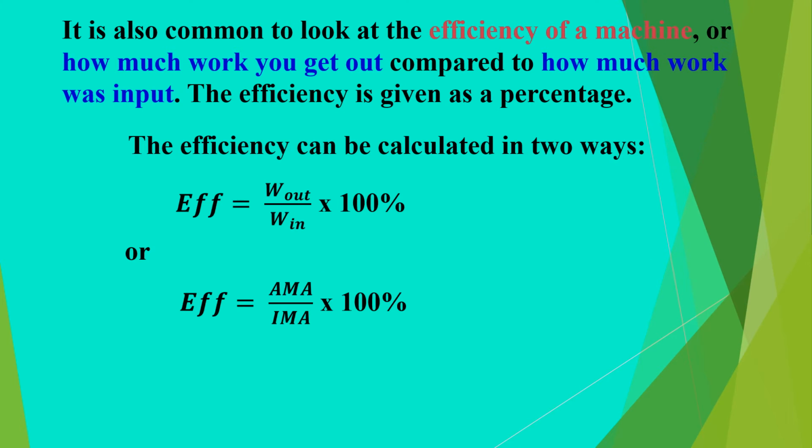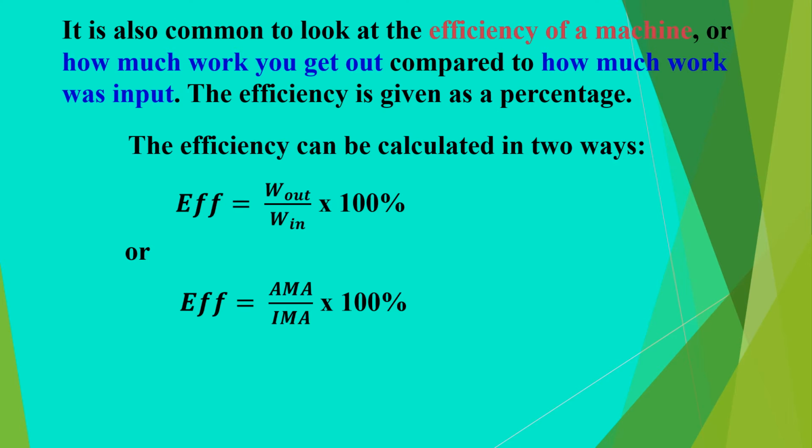It is also common to look at the efficiency of a machine, or how much work you get out compared to how much work was input. The efficiency is given as a percentage. The efficiency can be calculated in two ways.